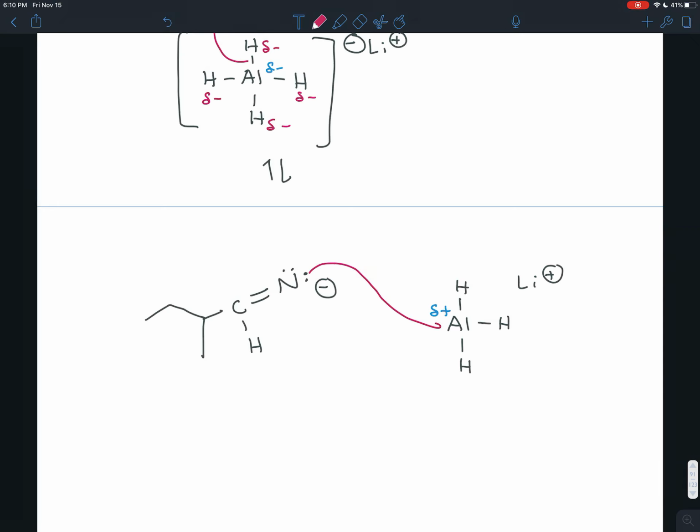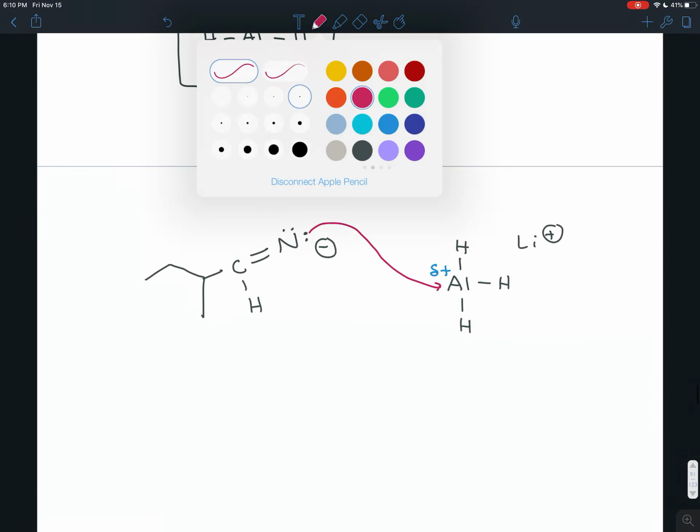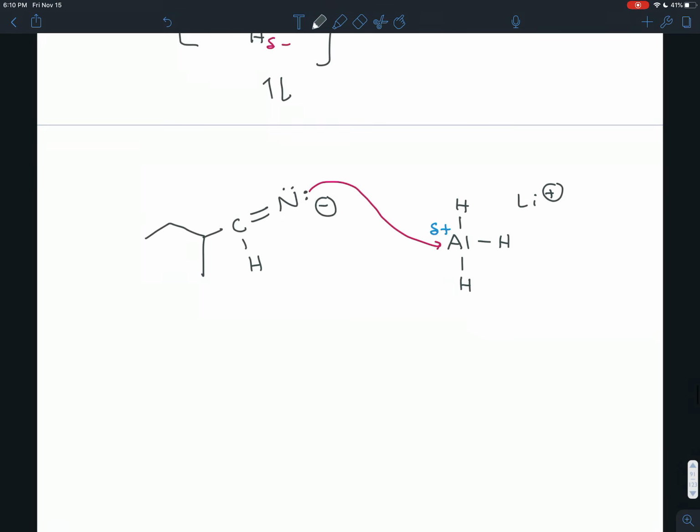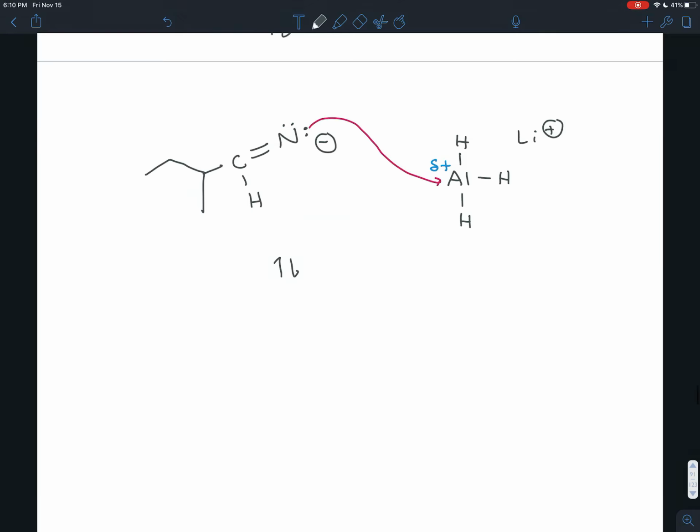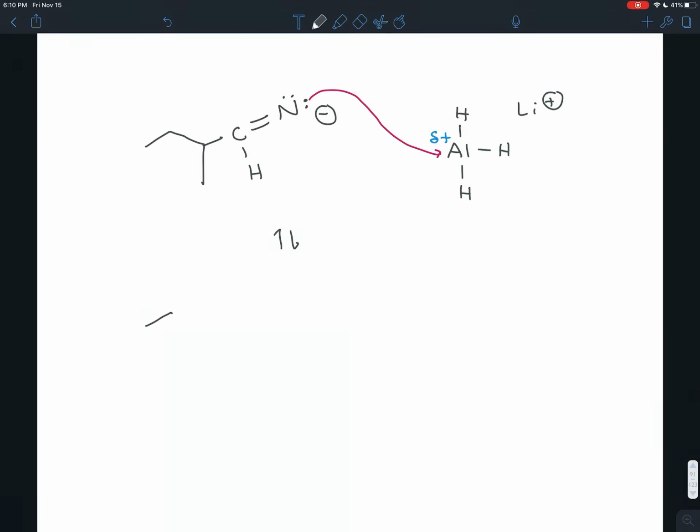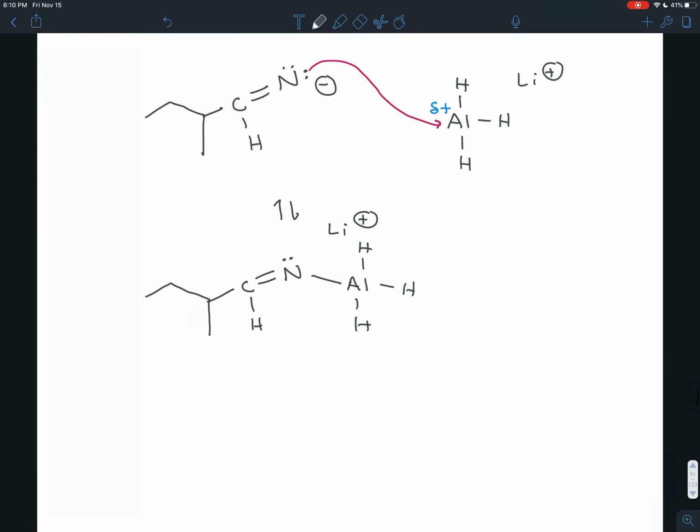The negative nitrogen can attack that just to help stabilize the electrons in the charge. So the aluminum sticks around to help stabilize that negative nitrogen. And the lithium is floating around it. It's attracted to those slightly negative hydrogens.